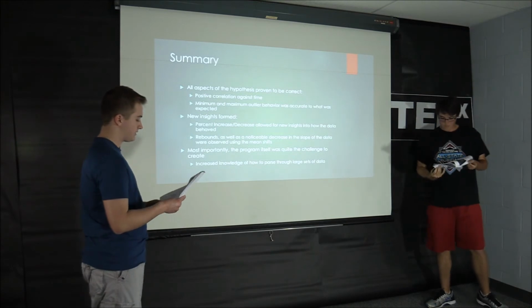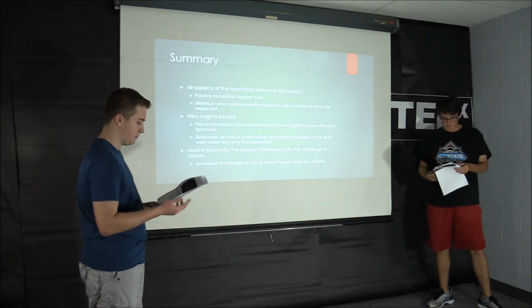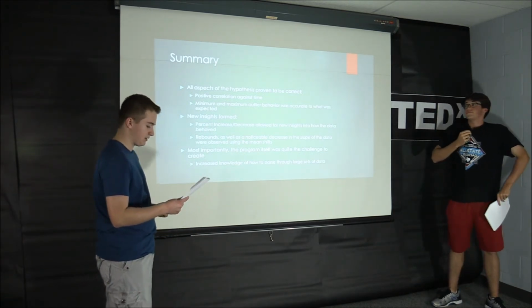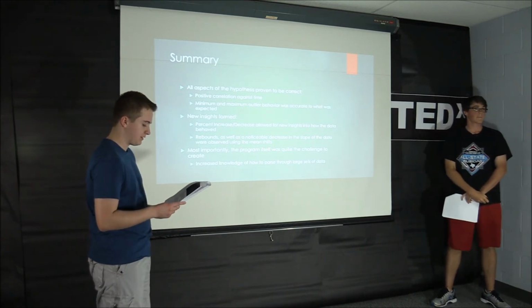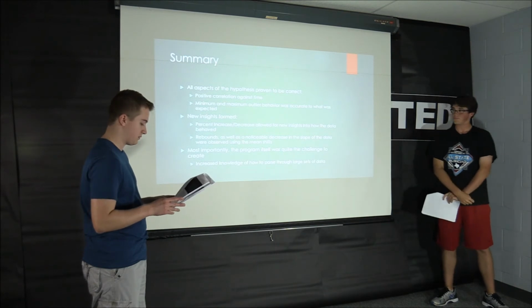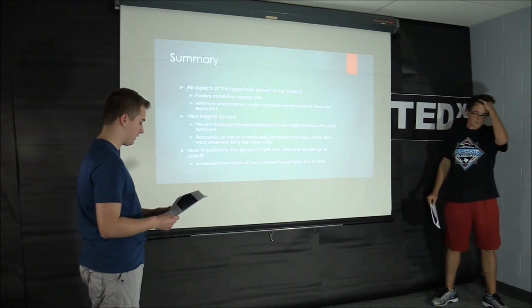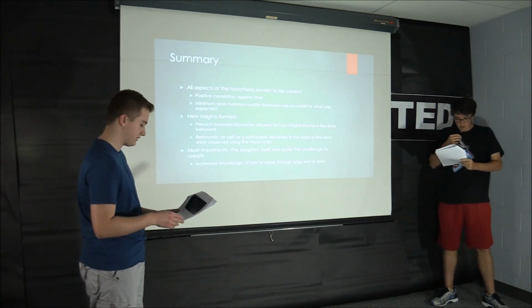Okay. In summary, the hypothesis was proven true and new insights were formed as a result of our data analysis. To begin with, the two main predictions that we had were proven true by the first two analysis techniques. The positive correlation was proven true through the linear regression, while the outlier behavior that we predicted was proven true through our outlier analysis.